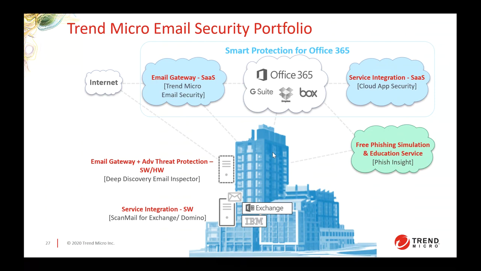Basically, all the email security vendors have some solution in the cloud which supports Office 365, the G Suite environment, and cloud apps, which is called cloud app security, and is otherwise called a CASB solution by most vendors.